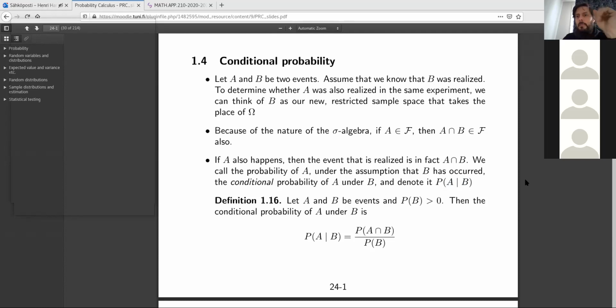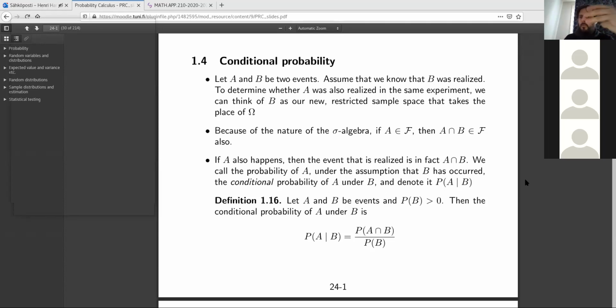So let me revise my example of big and small numbers. Let's say we have rolled the die, and for now, let's assume that the big numbers are 4, 5, and 6. Then we have even numbers and odd numbers. Let's say we know that we got a big number. We don't know which one, but we know it's 4, 5, or 6.